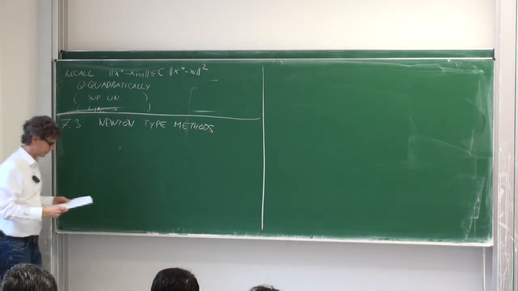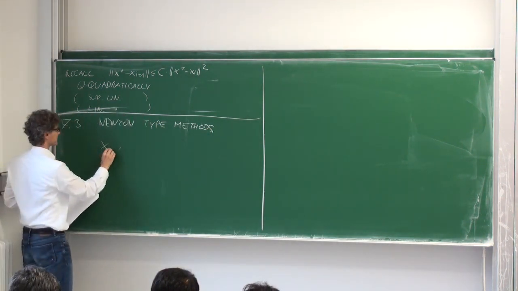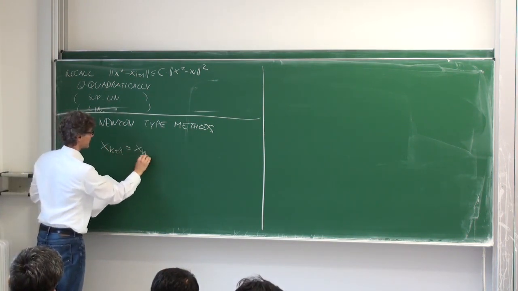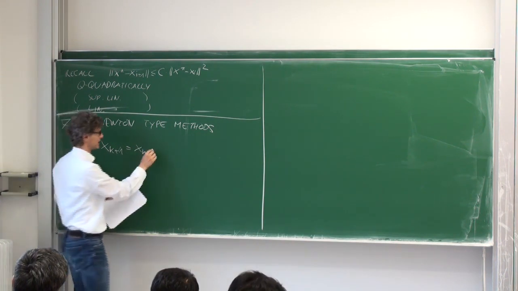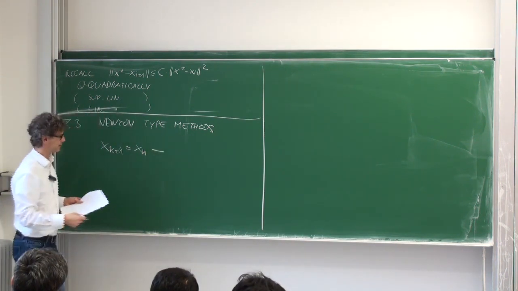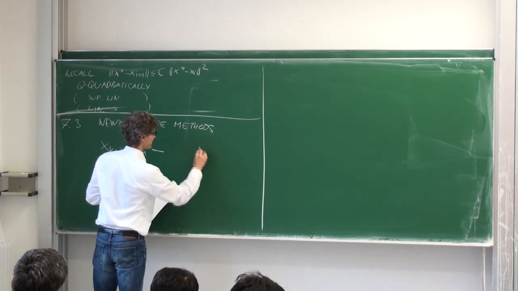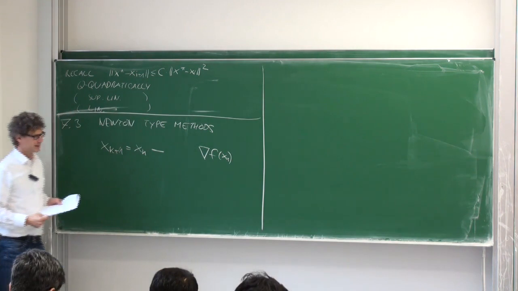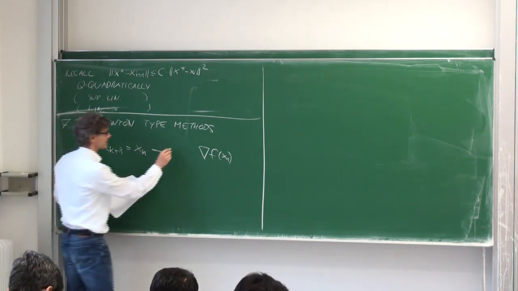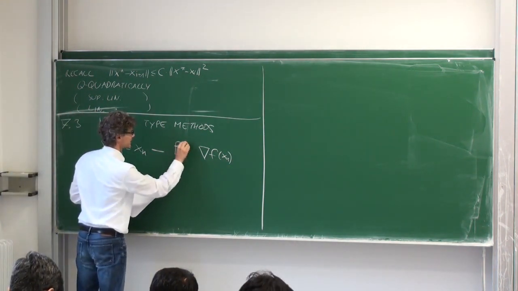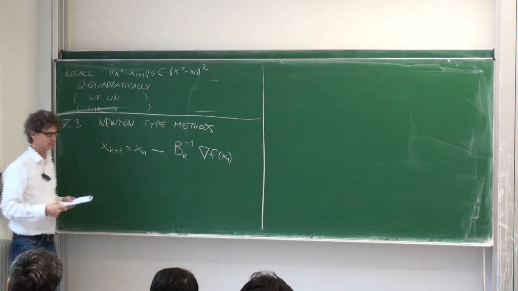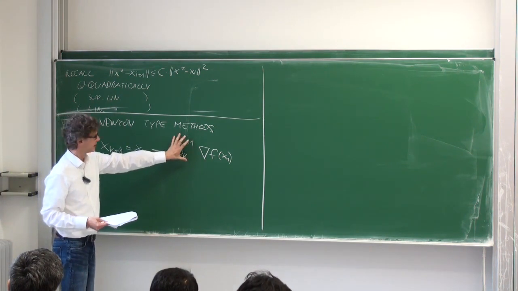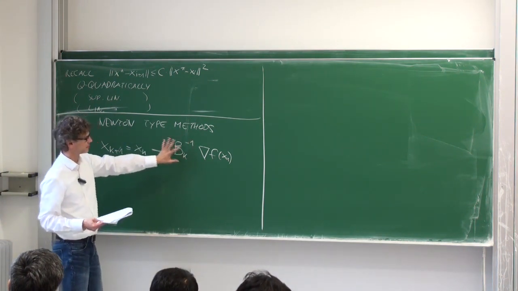It is an iteration where we would just say that a new iterate x_{k+1} is equal to the old iterate, and then we do something where we remember there was always this general form with a minus sign, and then there was something multiplied with a gradient. Yeah? And what we did here was we added some matrix, and I don't specify this matrix now, but I just say this is some matrix which should be, in the perfect case, invertible, of course, so otherwise I cannot write this even. But it should also, in the perfect case, be positive definite.